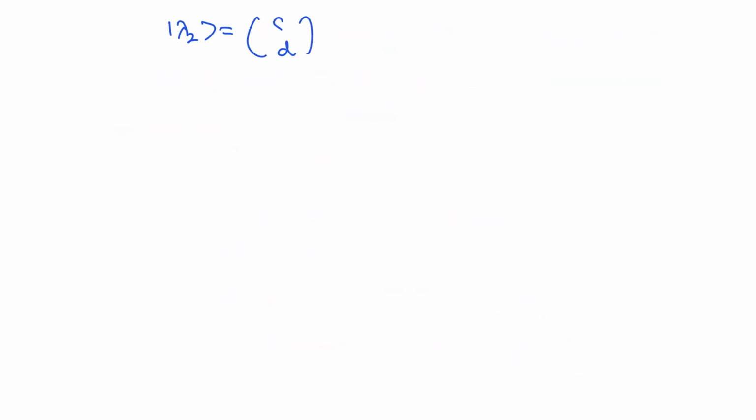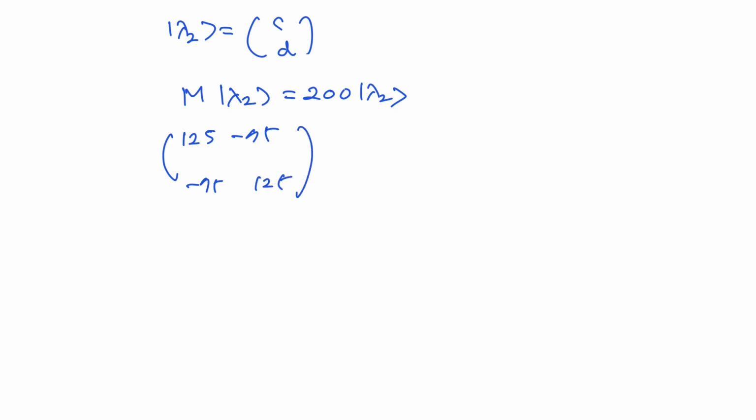C and D, M lambda 2 was 200 lambda 2. So 125 minus 75, minus 75, 125.